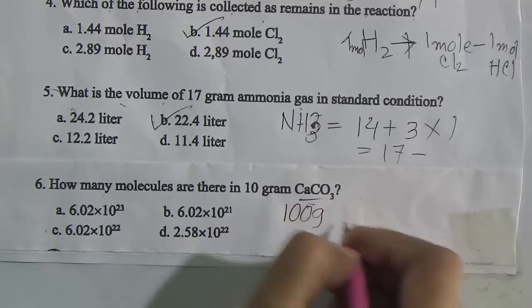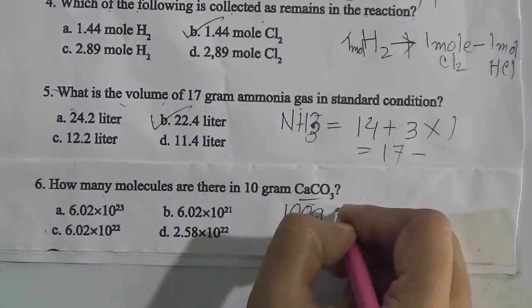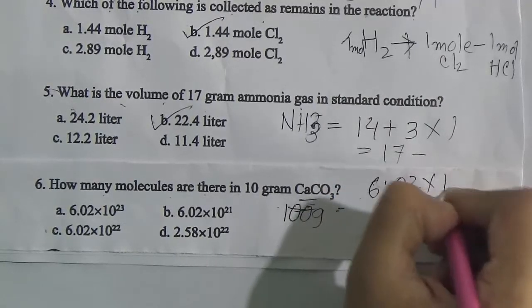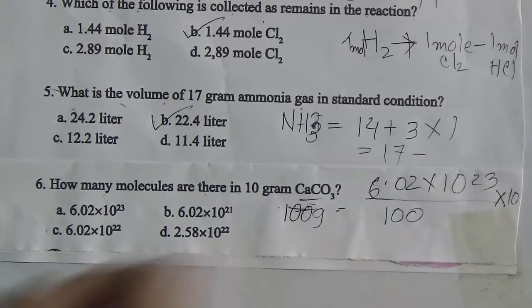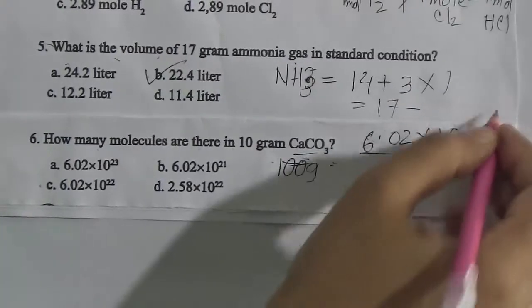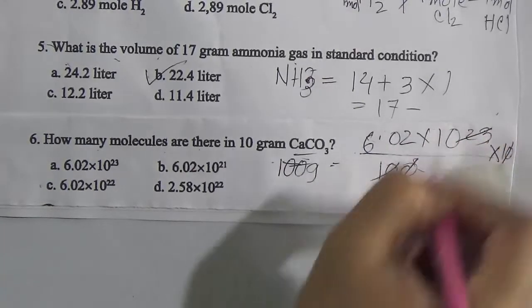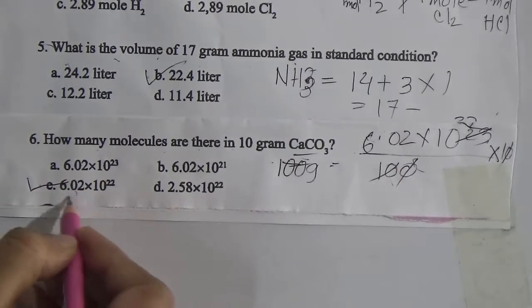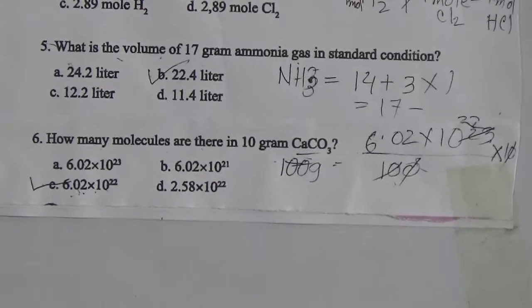So 100 gram contains 6.02 multiply with 10 to the power 23, that means calculation will be 6.02 multiply with 10 to the power 23 divided by 100 multiply by 10, and if we calculate, 10 will be cut down, then there will be 1, 10 will be minus, that means 10 to the power 22. Then this will be the answer, 6.02 multiply with 10 to the power 22. This is the answer of this. Now come to the CQ.